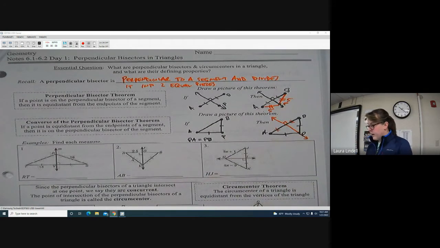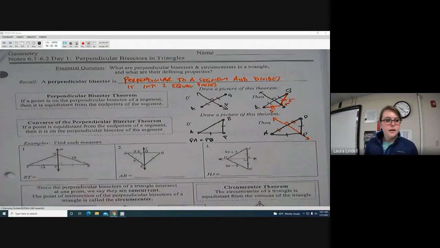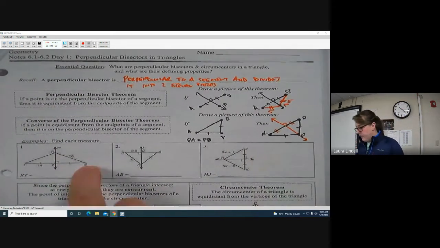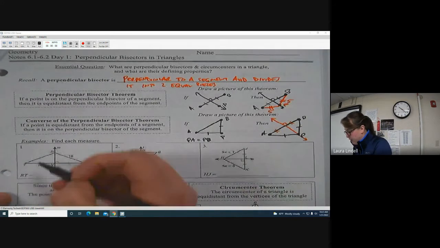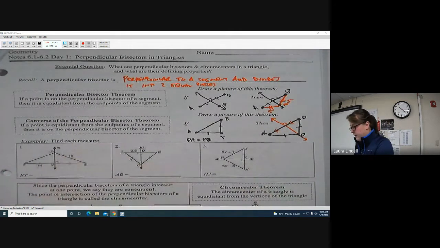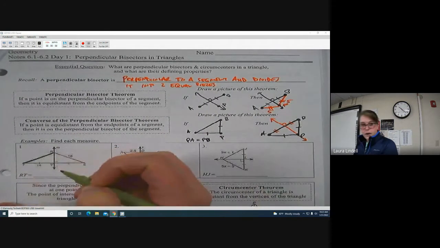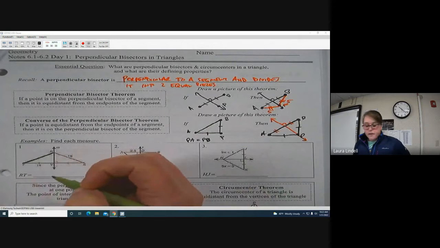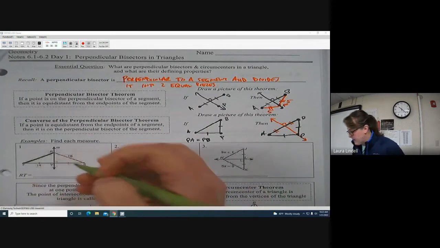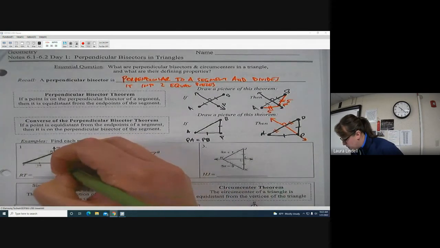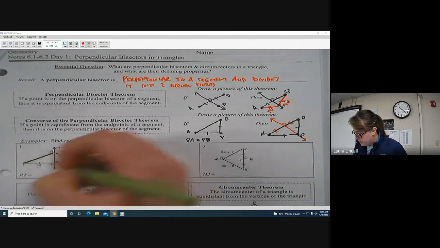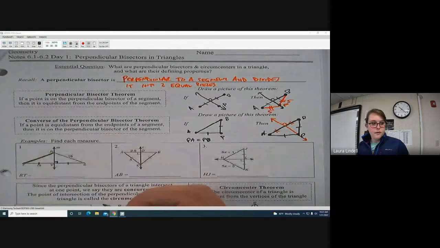So those are our two theorems, and here's how we're going to use them. For example, on this one, it's wanting to know what is the distance RT. So that's this segment right here, RT. We want to know what that is, and it gives us some other information. I know it's not really clear, but this is a right angle, and it also says that these two segments are congruent.